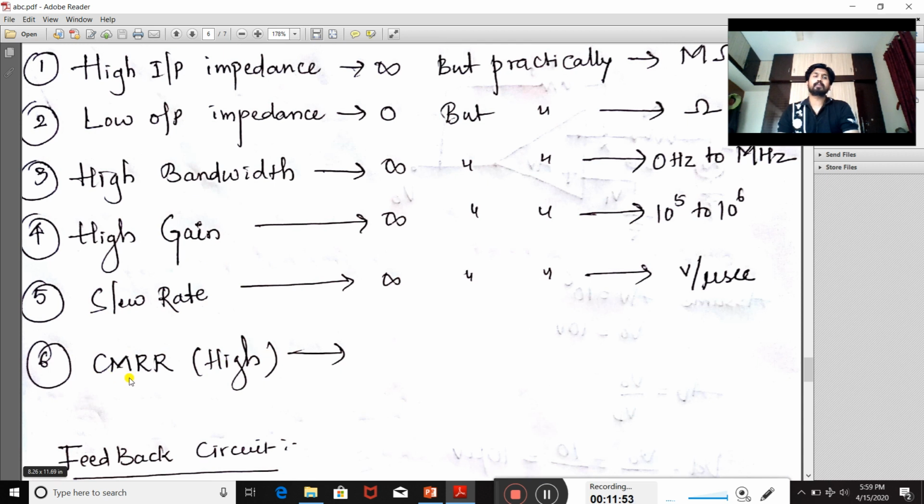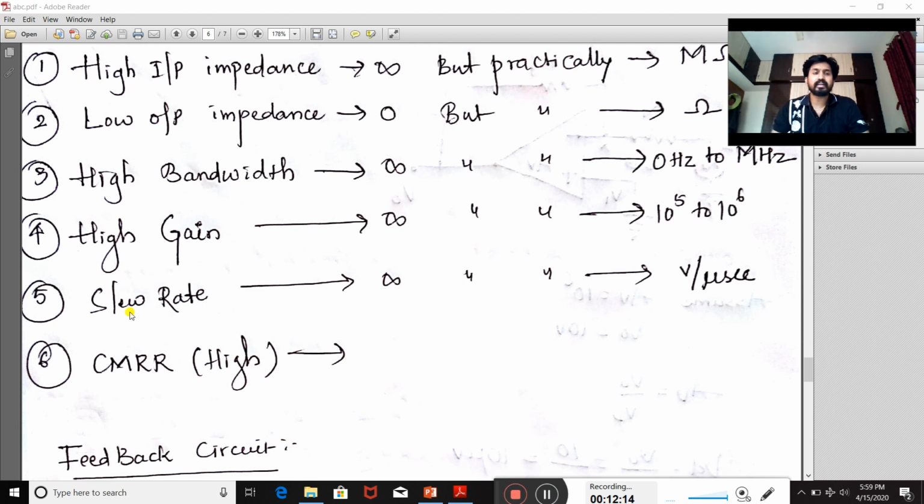Here CMRR is the common mode rejection ratio. It indicates how well it rejects the common voltages and how well it amplifies the difference in the input voltages. That is what CMRR is.